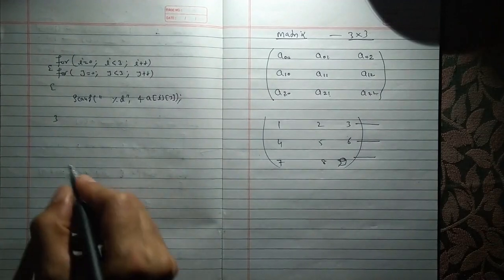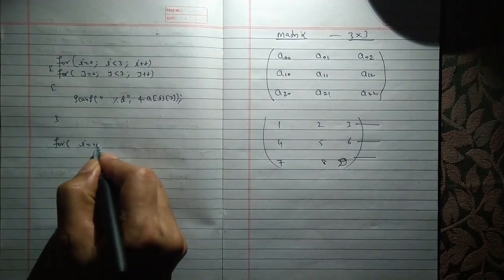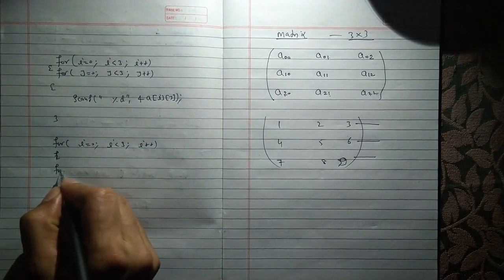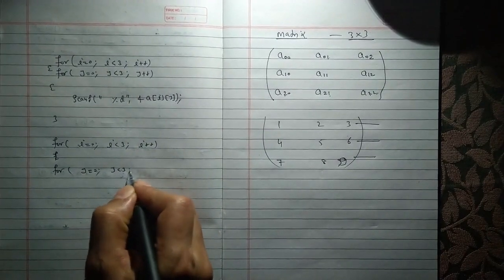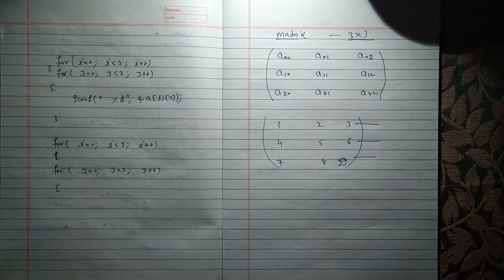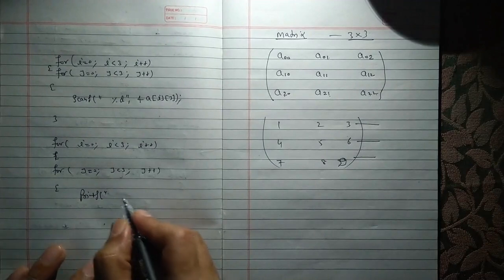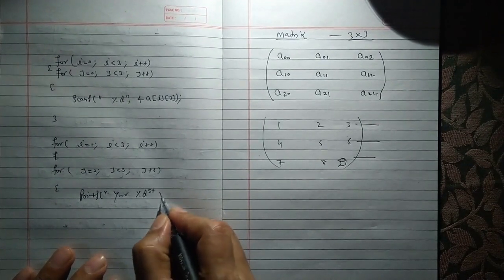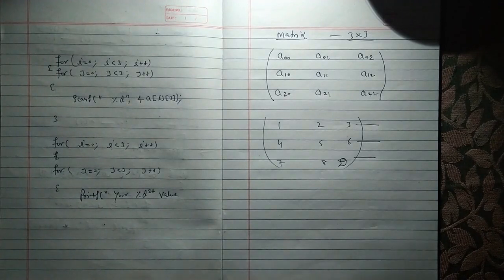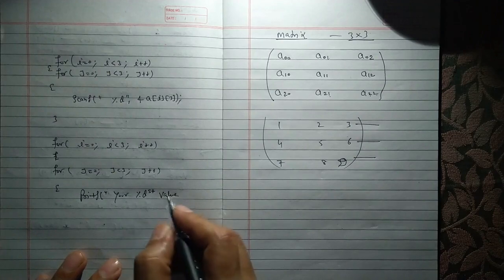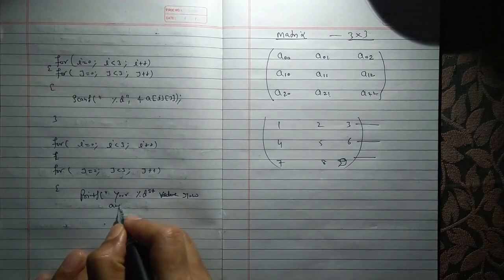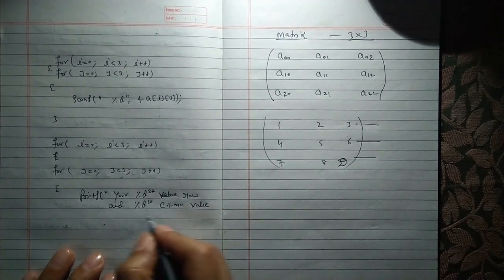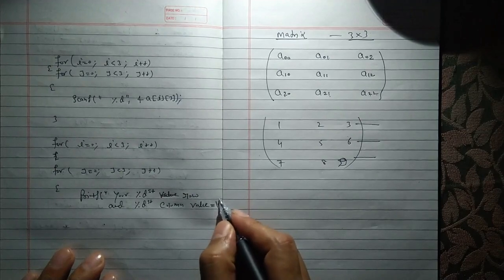Okay, for output, for the same, i = 0, i < 3, i++, curly bracket open, for j = 0, j < 3, j++, then curly bracket open, printf, your "%d st value, your a first row and first column value is equal to \n".